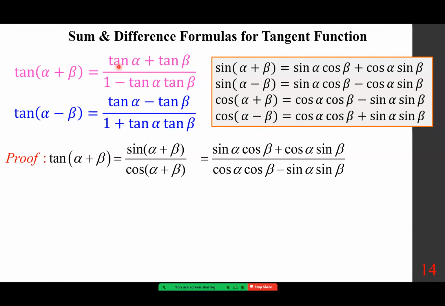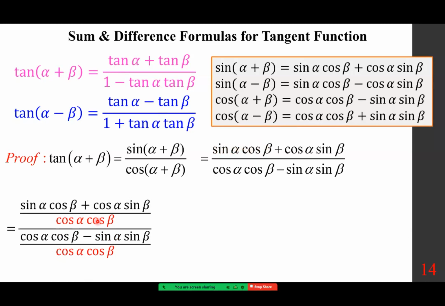So if we divide this by cosine alpha cosine beta, these two cancel each other. Sine alpha over cosine alpha gives us tan alpha. So look at this one. Here's the trick. What do we need to get to tan alpha? Divide this one by what? Cosine alpha cosine beta. That's exactly what we are going to do.